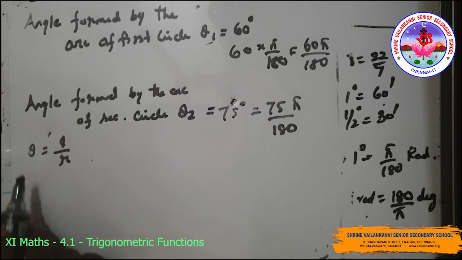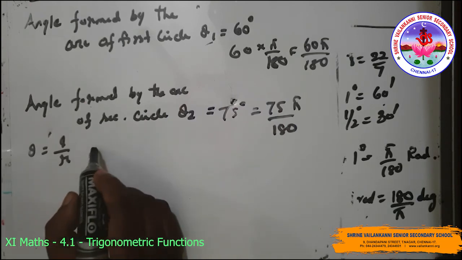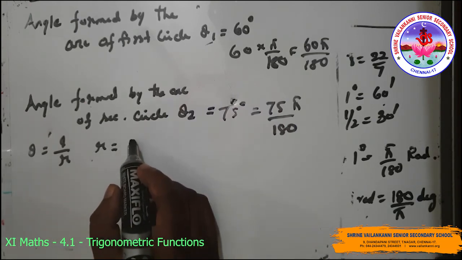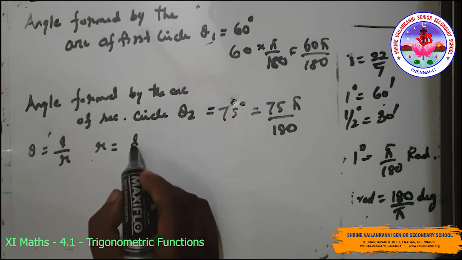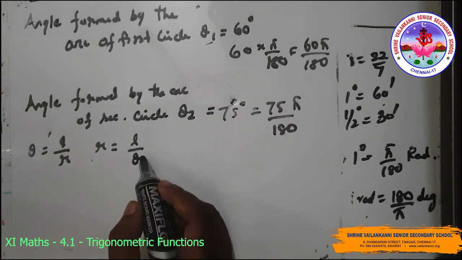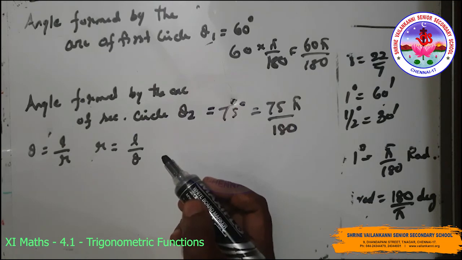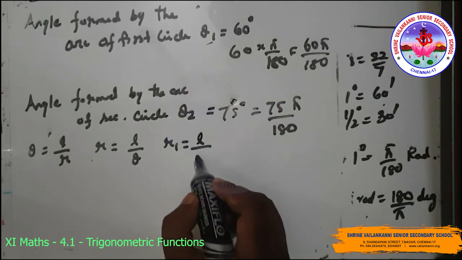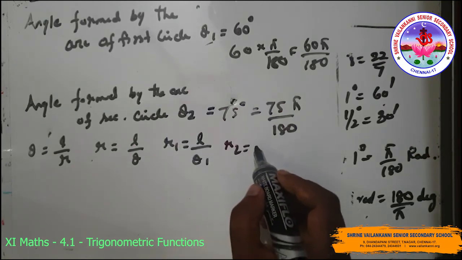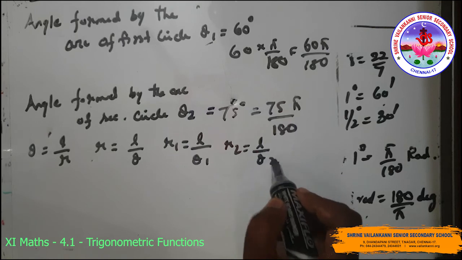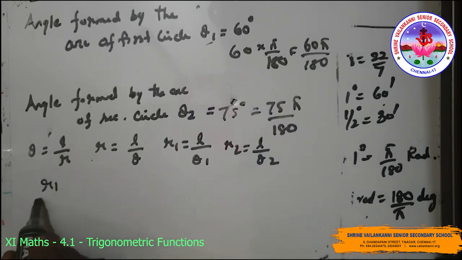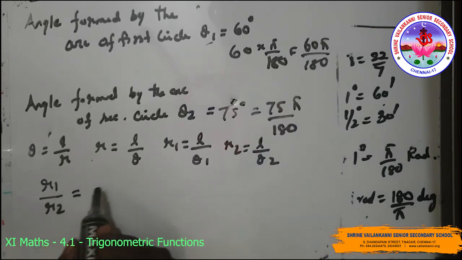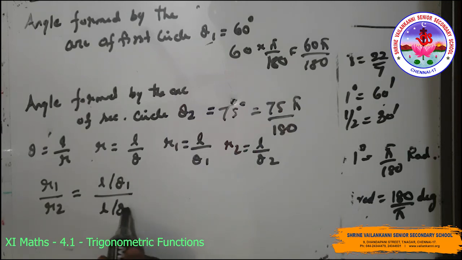Using the relation theta equal to L by R, so R equal to L by theta. So let R1 be the radius of the first circle and R2 be the radius of the second circle. Writing R1 as L by theta 1 and R2 as L by theta 2. So we have to find the ratio of the radii. So R1 by R2 is equal to L by theta 1 by L by theta 2.